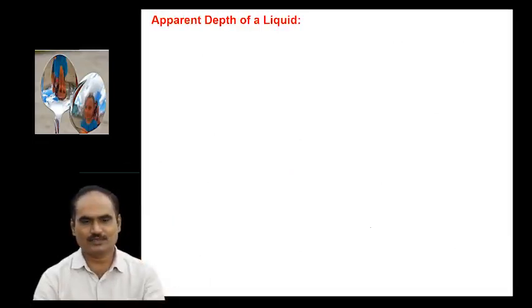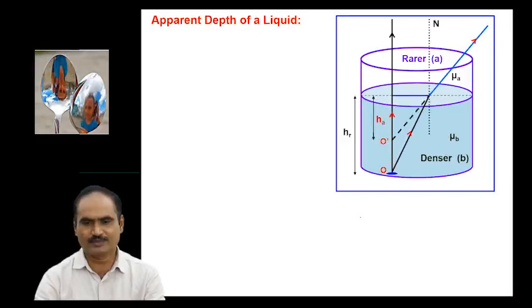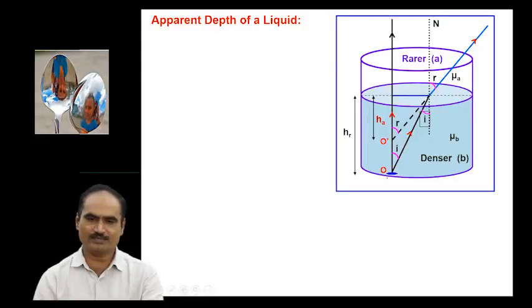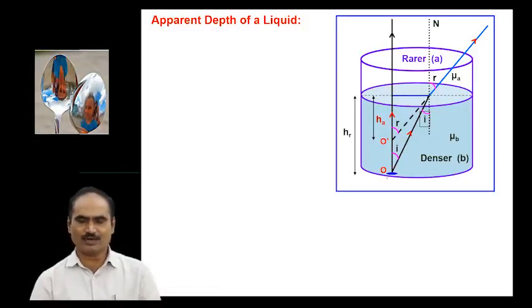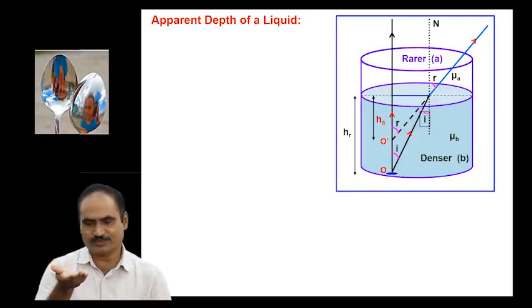Now let us go for the apparent depth of the liquid, or we can find the refractive index of a liquid by finding the apparent depth of the liquid. Now let us consider a coin inside water of a certain height. When you keep a coin at the bottom of a container, it appears to be raised up, right?